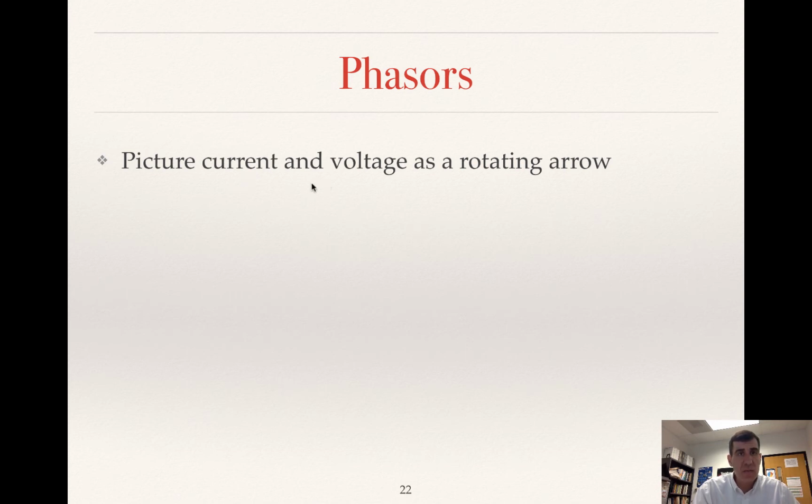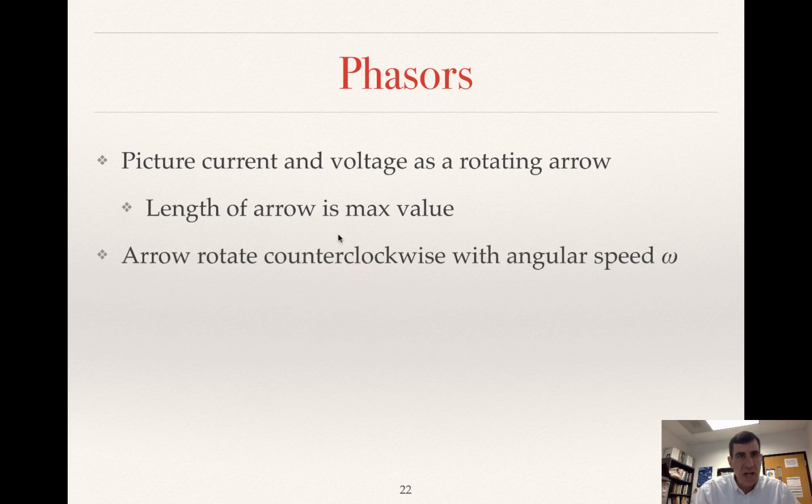The way to think about a phasor is that you imagine the current and the voltage as an arrow, and then that arrow rotates in a plane. The length of the arrow is just the maximum value, so the maximum current if it's the current phasor, or the maximum voltage if it's the voltage phasor. Your arrows rotate counterclockwise with angular speed omega.